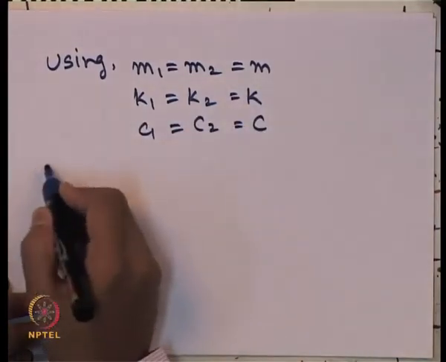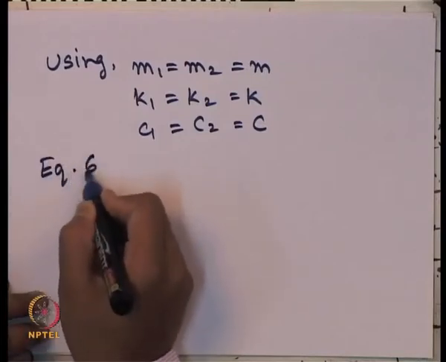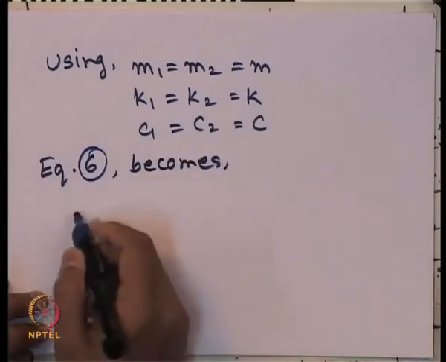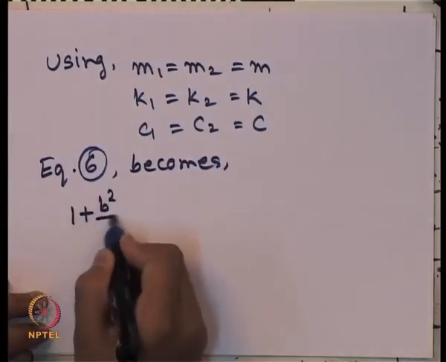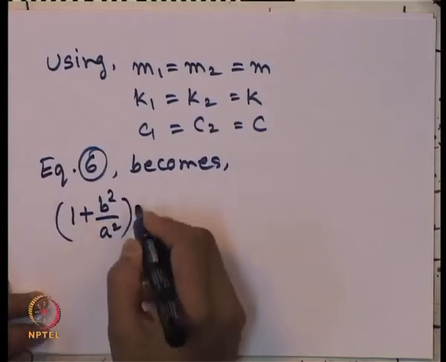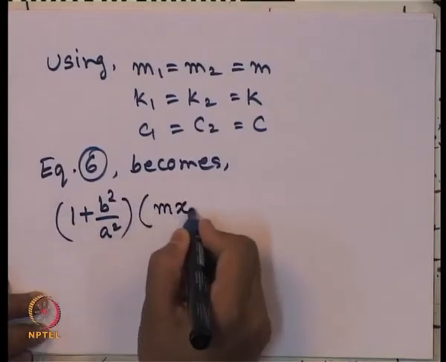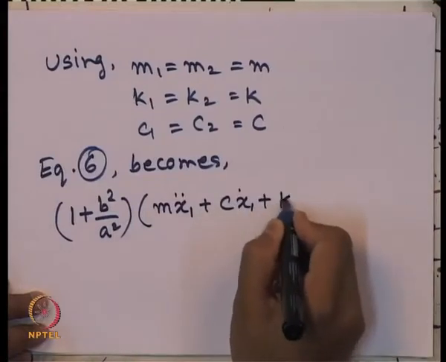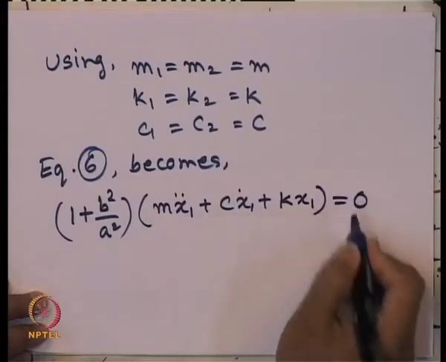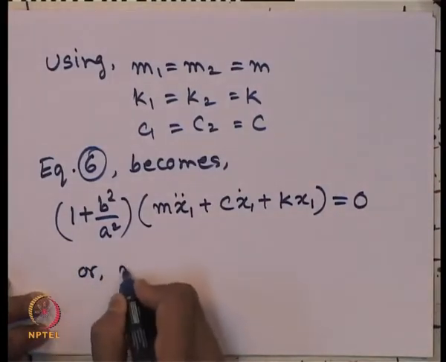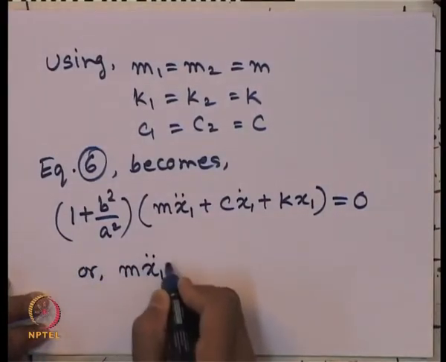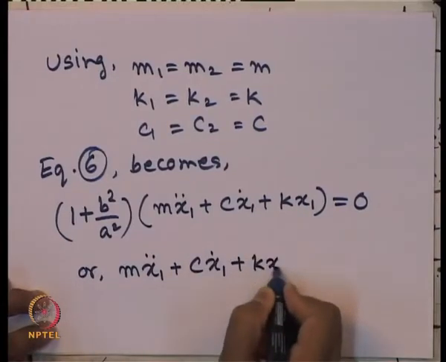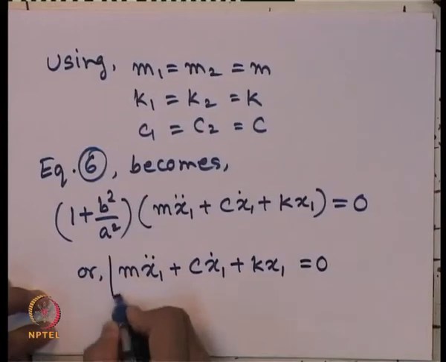Using this, equation 6 becomes, taking (1 plus b square by a square) common, m x1 double dot plus c x1 dot plus k x1 equals to 0.